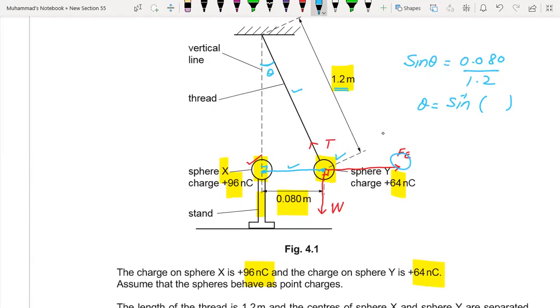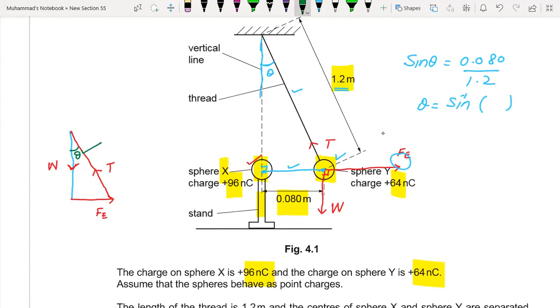So using the concept of AS physics, if you draw the forces using the triangular method, the weight of the object, then the electric force Fe, and the tension, if the system is in equilibrium, these three forces must form a closed triangle, and this is theta.